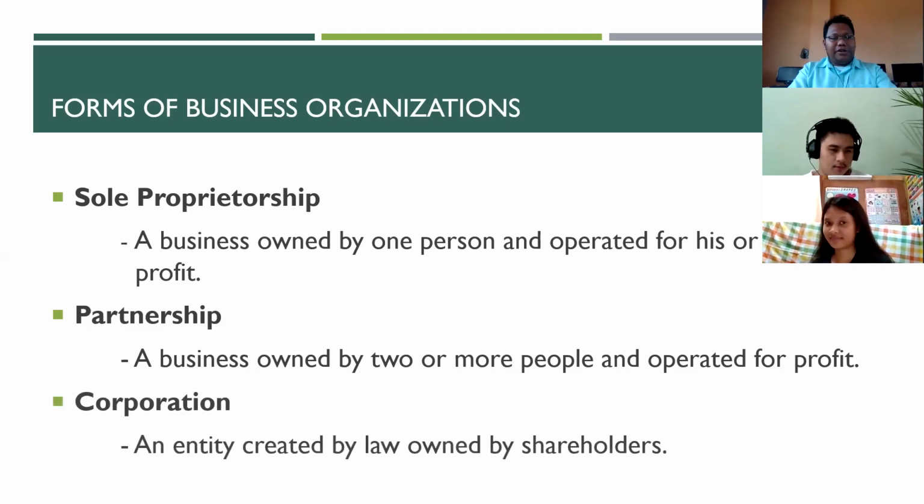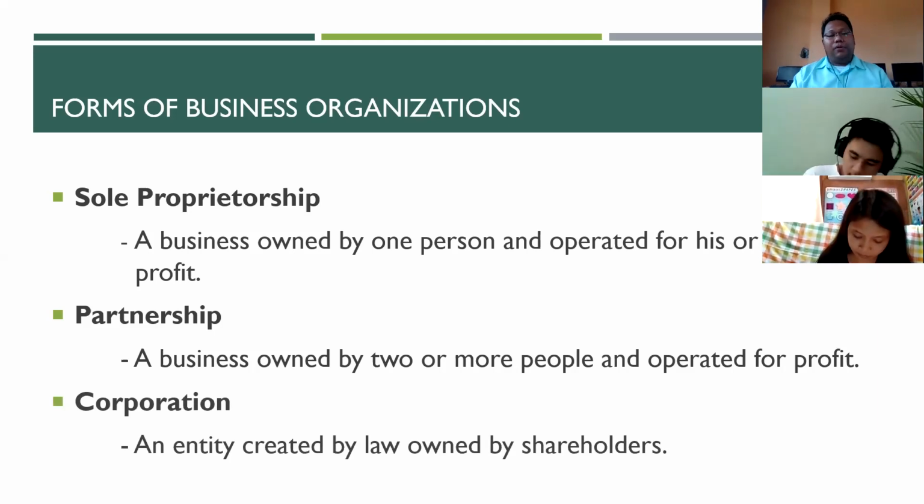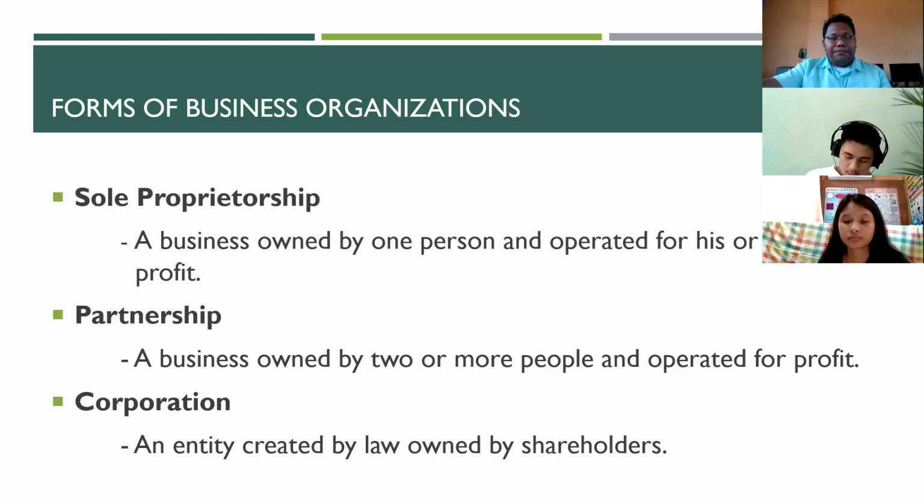Lastly, a corporation. It's an entity created by law, owned by shareholders. In a sole proprietorship and partnership type of business, the ownership is identified in terms of the persons who own them, like persons. In a corporation, there is an artificial entity that is created by law.